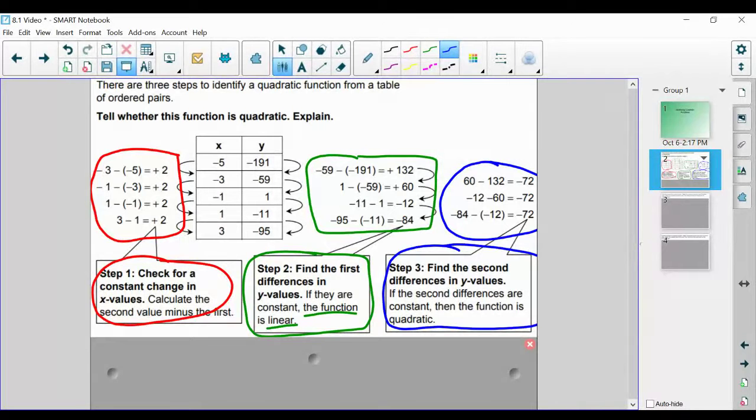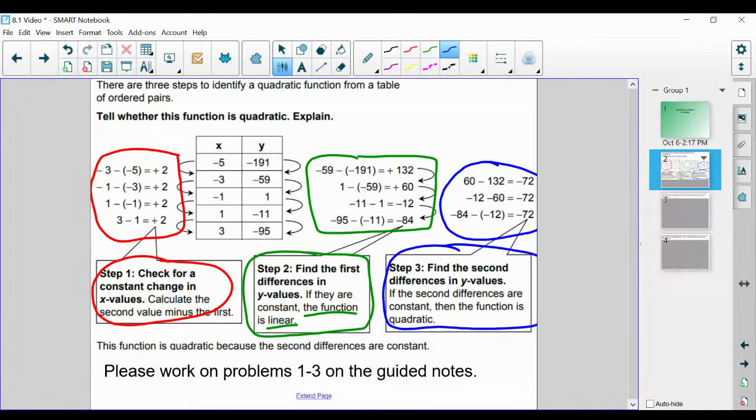If the second differences in the y values are constant, then it's going to be quadratic. If the y values have a constant change as the first difference, it's going to be linear. If we have a constant change in the second differences, then it's going to be quadratic. Awesome. With this, please work on problems 1 through 3 on the guided notes and resume when you're ready to move on.